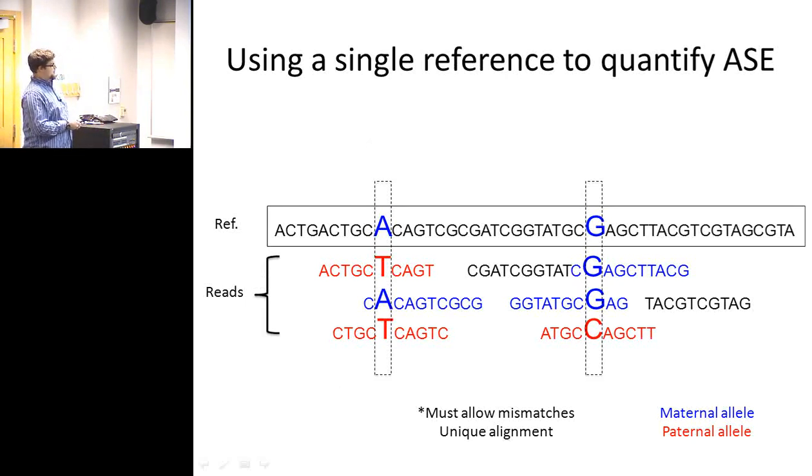So in this case, for this particular position, I actually have two supporting reads overlapping this position that shows some alternative base, in this case T. In this framework, we must allow for mismatches to our reference genome to accommodate this alternative allele. And usually these type of alignment procedures are done enforcing unique alignment to our reference genome.